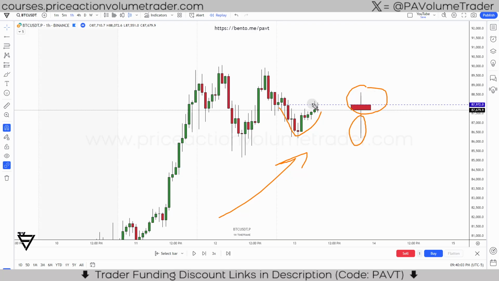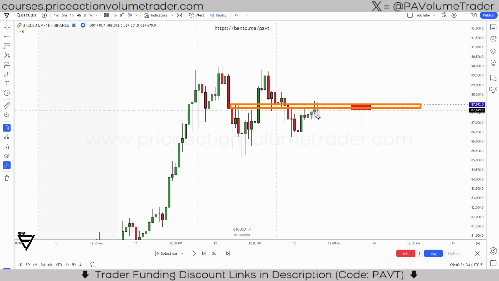Now I want to see if we reclaim this open price, and you can see this area in general is very important. We had a lot of resistance yesterday, then support at the end of yesterday, and this morning we fell back down.